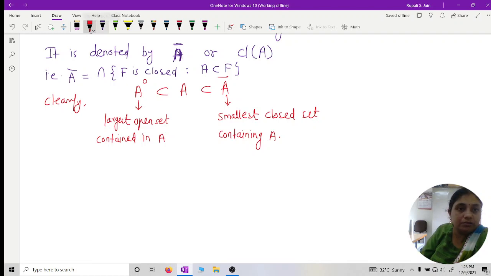Now next definition we will write: limit point. What is a limit point?